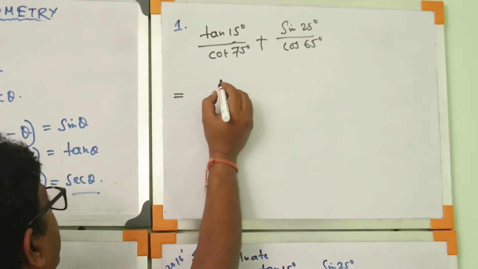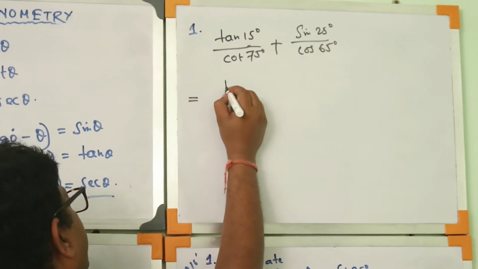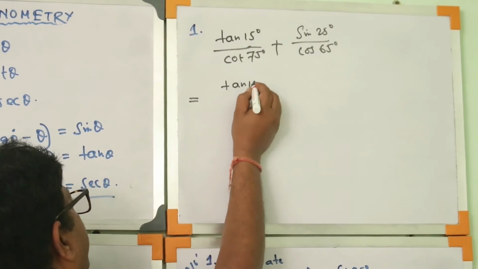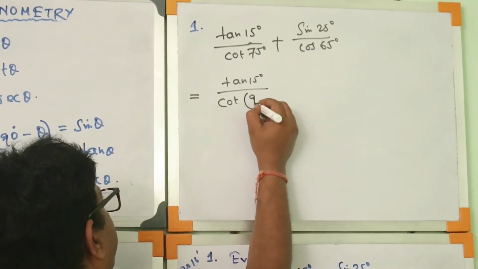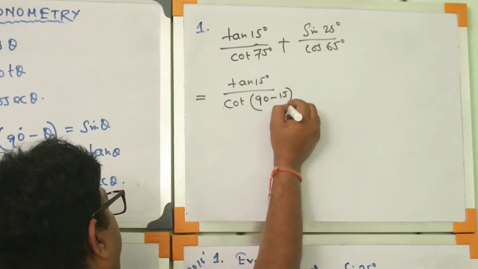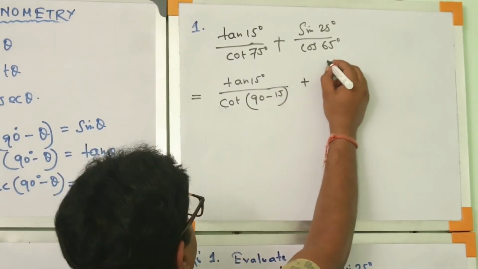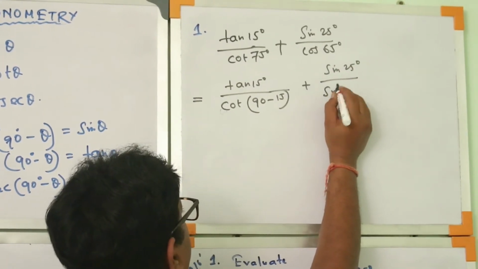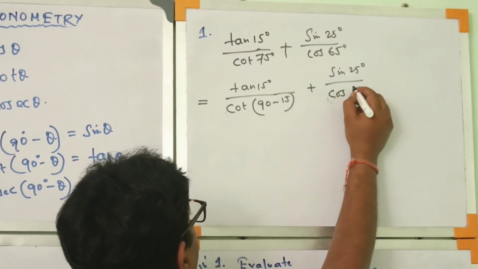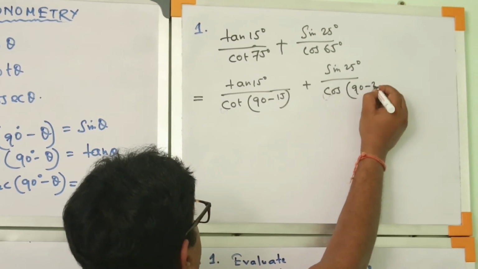So we can write tan 15 degree as tan 15 degree. This will be equal to cot(90 minus 15), and sin 25 degree is equal to cos(90 minus 25).